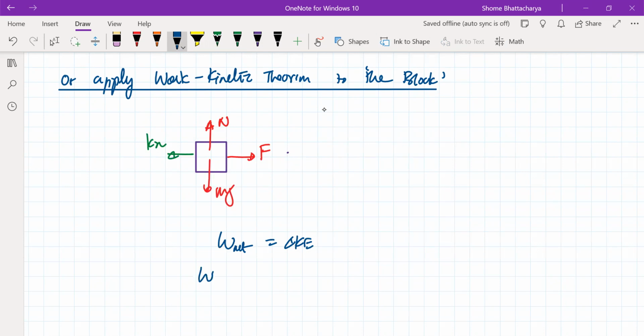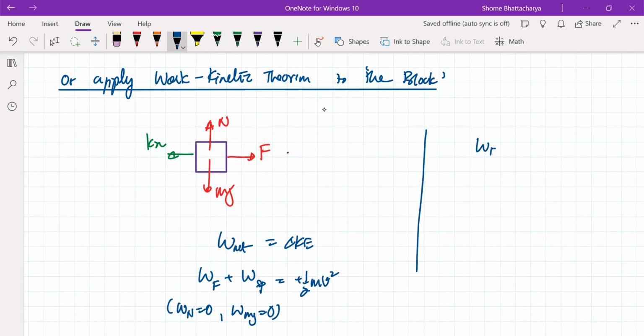So this net work done will be work done by F plus the work done by the spring force, because work done by normal reaction will be 0 and work done by mg will be 0. And this should be equal to plus half mv square. So now you can see that work done by F is equal to Fx, so that is 0.8 joules, which you already know.